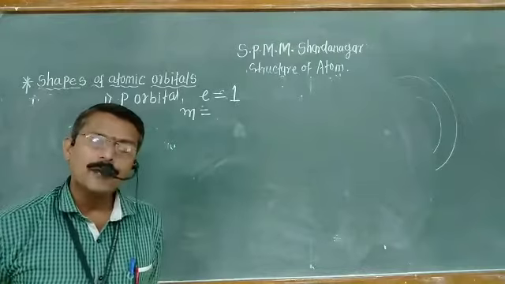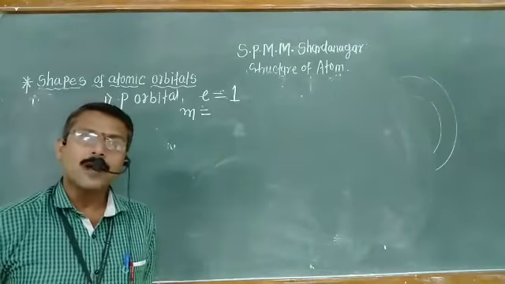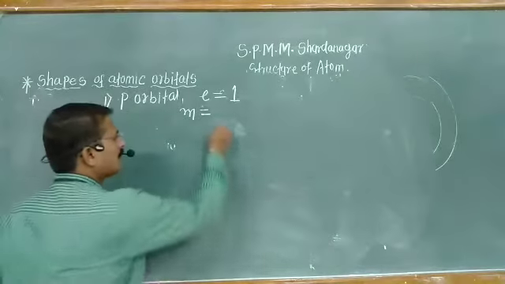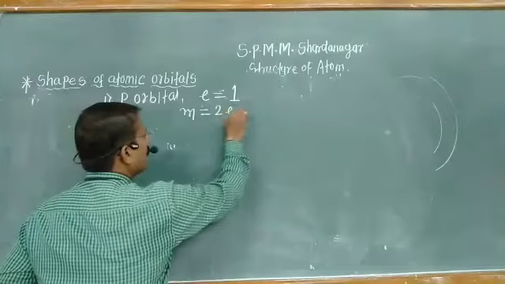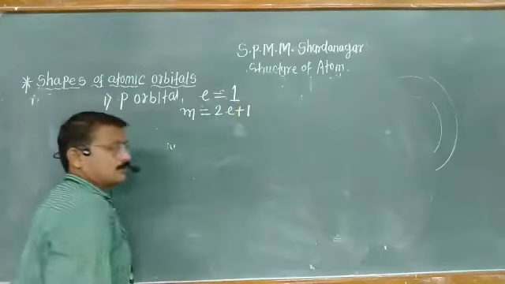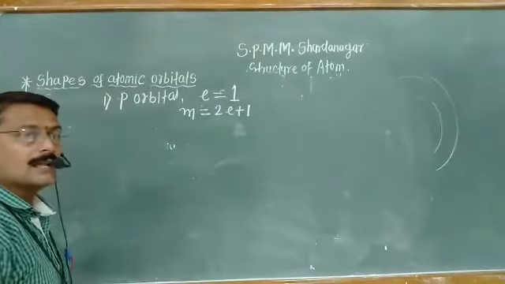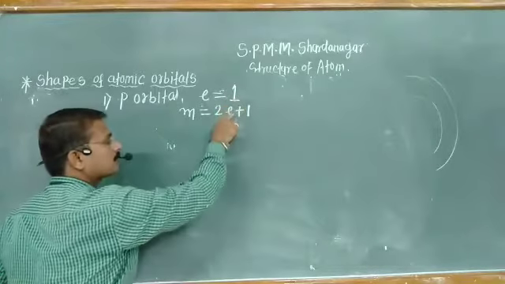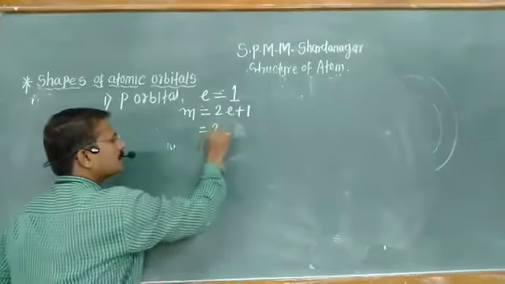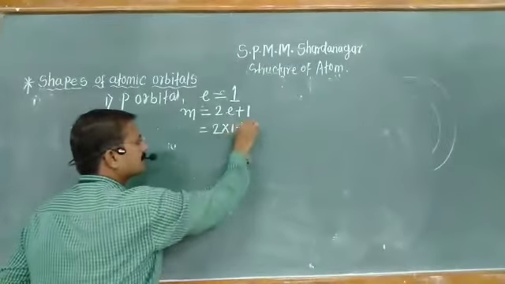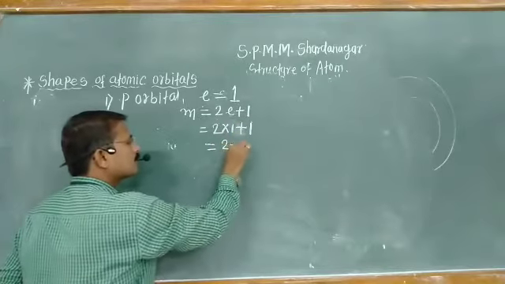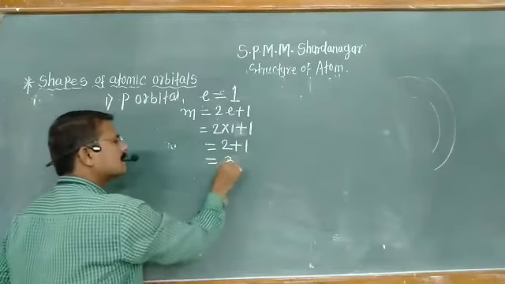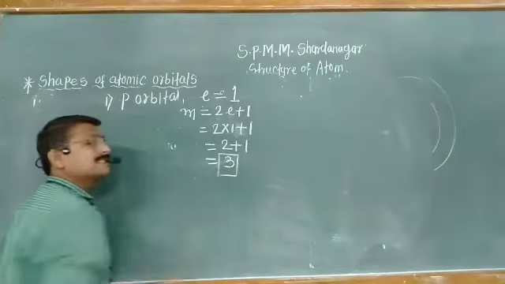The value of the magnetic quantum number can be found by using the formula 2l plus 1. Putting L equal to 1 here, we obtain 2 into 1 plus 1, that is 2 plus 1, which is equal to 3.